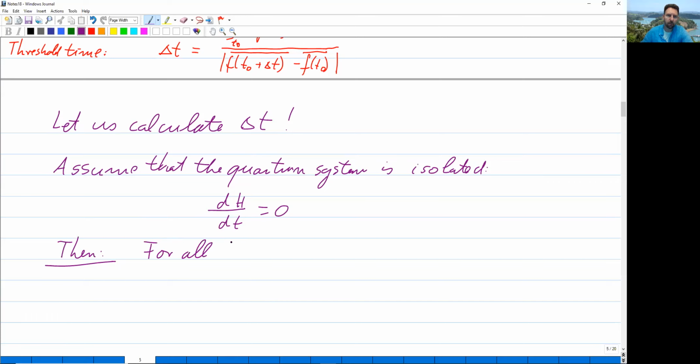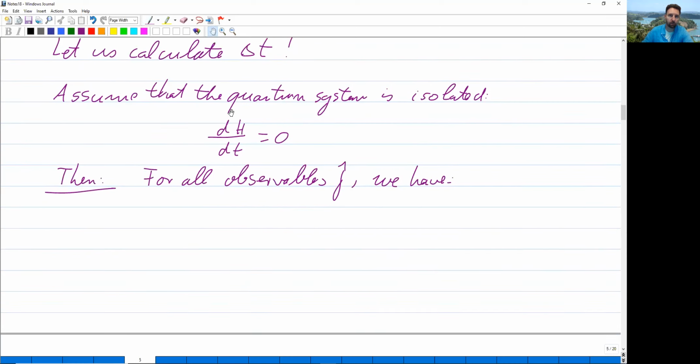For all observables f hat, the Heisenberg equation of motion holds.